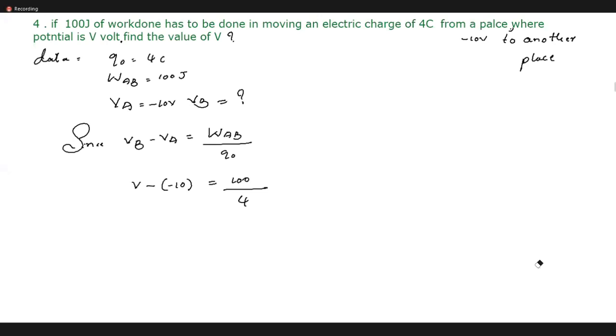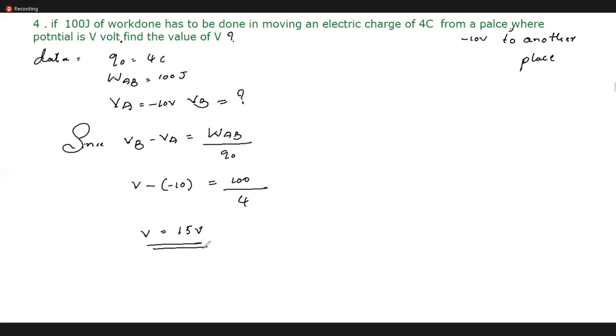Abhinay, good dear. Tarun. Good. Chetan. Good. Ma'am, I also got 15 as the answer. Good. Okay.